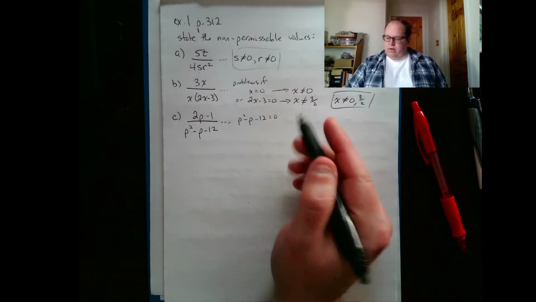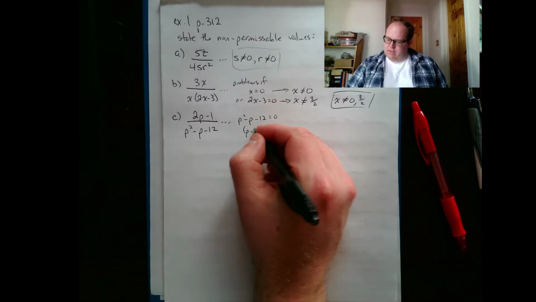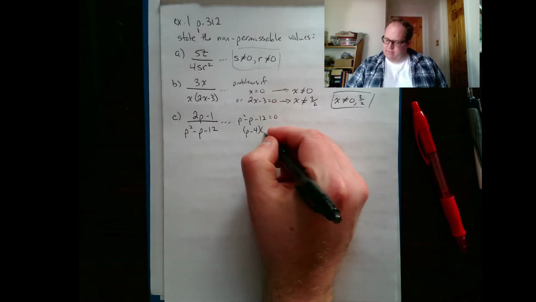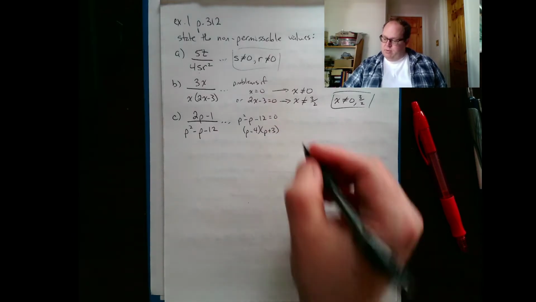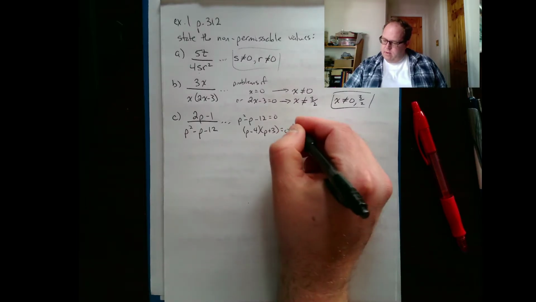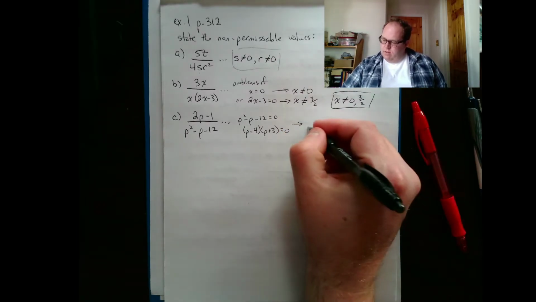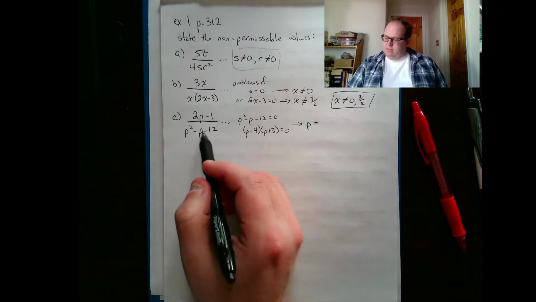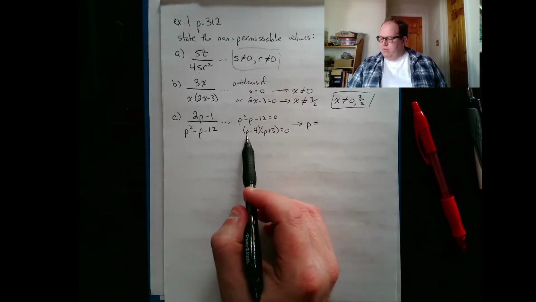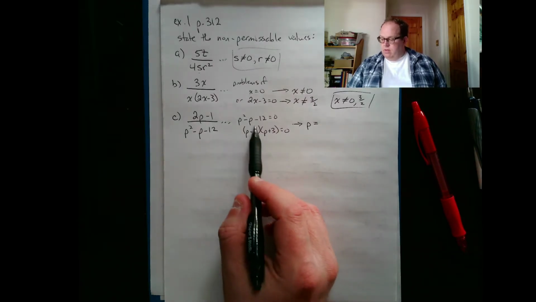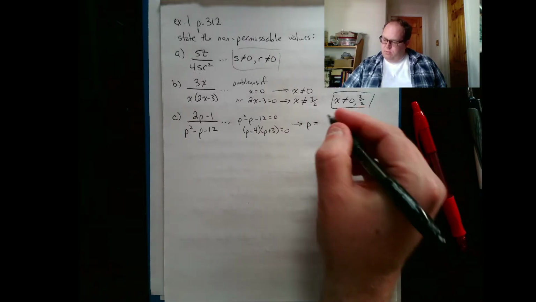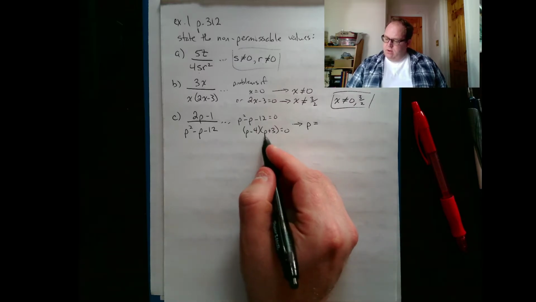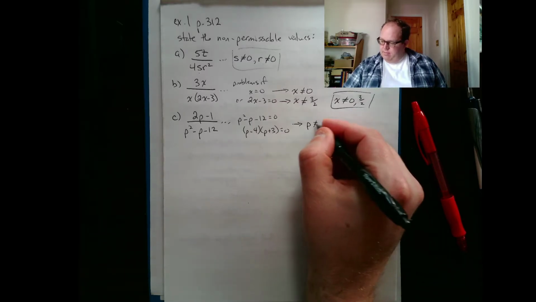We can either use the quadratic formula or factor this thing, and it does factor nicely into p plus 3 times p minus 4. And from this, in my original statement, if p was equal to 4, this portion would be 0, and the whole denominator would be 0. So p can't equal 4, or for the same reason, negative 3.